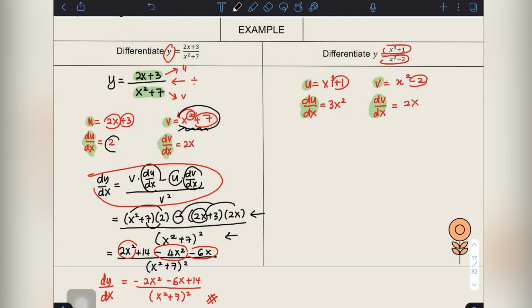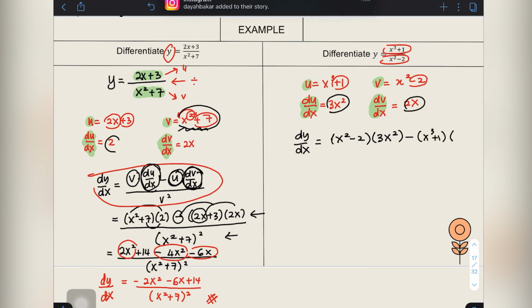So you want to find dy dx now. Okay, the formula is v multiplied by du dx. So your v is x squared minus 2 multiplied by du dx, 3x squared, minus u multiplied by dv dx. So your u is x cubed plus 1 multiplied by dv dx, which is 2x.